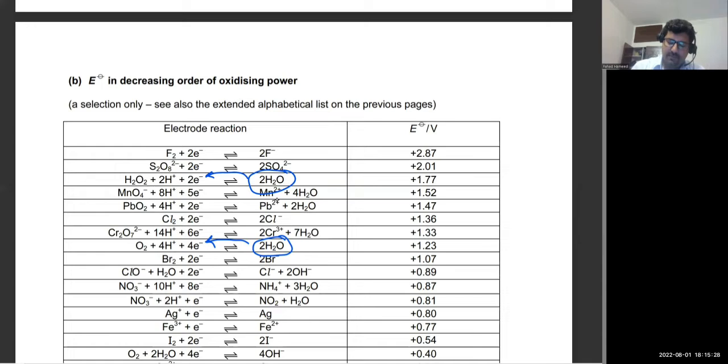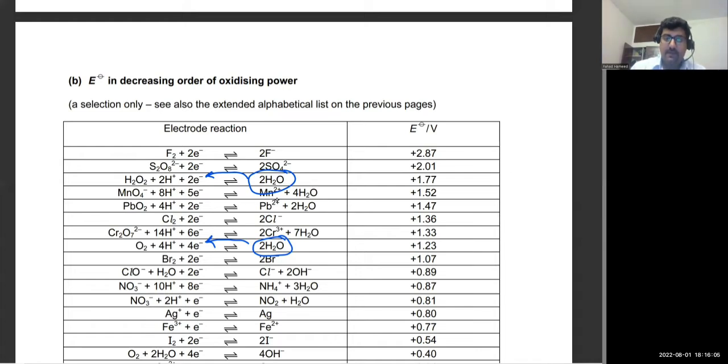I'm writing this on the board. So that's one part done. Now the water ones, two equations for water. That's 2H2O forming H2O2, hydrogen peroxide, and 2H plus 1 plus 2 electrons.